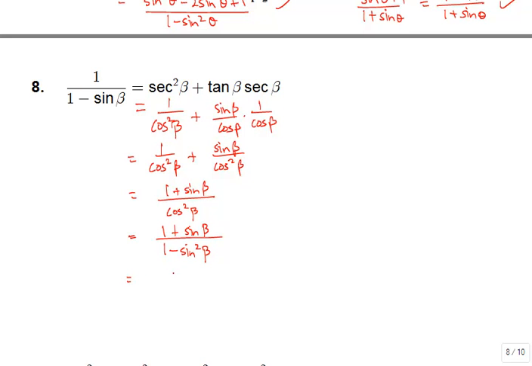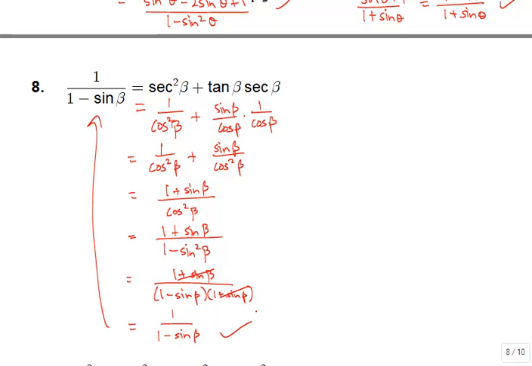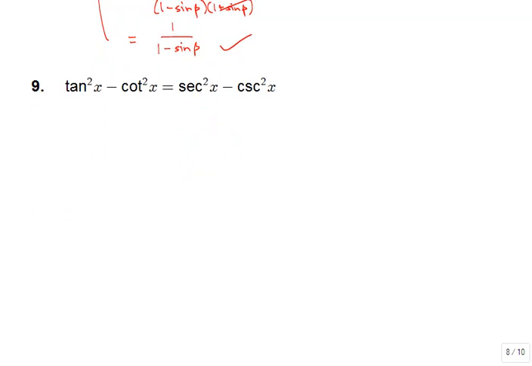At this point, if you remember what we did in that last example, this denominator will factor into a difference of squares. 1 minus sine beta and 1 plus sine beta, which is good because that 1 plus sine beta factor cancels out, giving me 1 on top and that 1 minus sine beta on the bottom. So we got what we wanted and we finished.